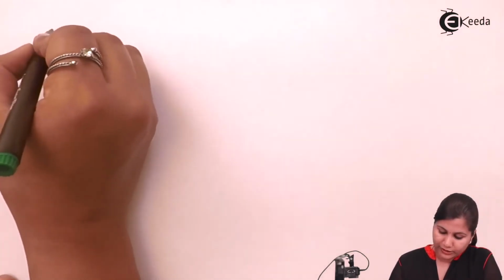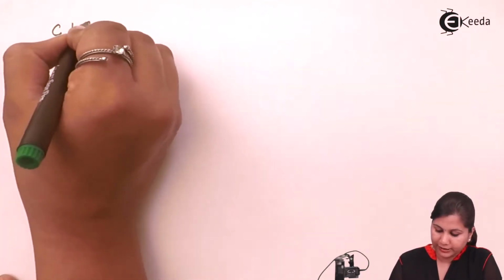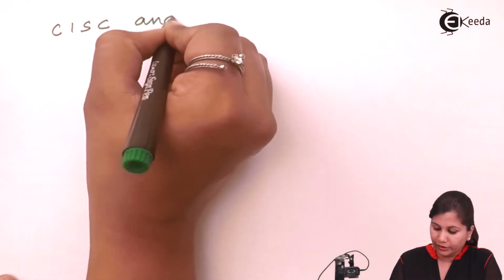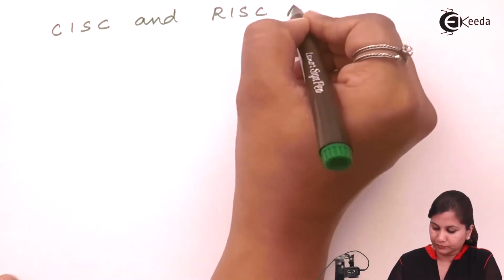The second type of architectures is classified on the basis of whether the instruction set of the processor has complex instructions or simple instructions. So the second classification is the CISC and the RISC architecture.